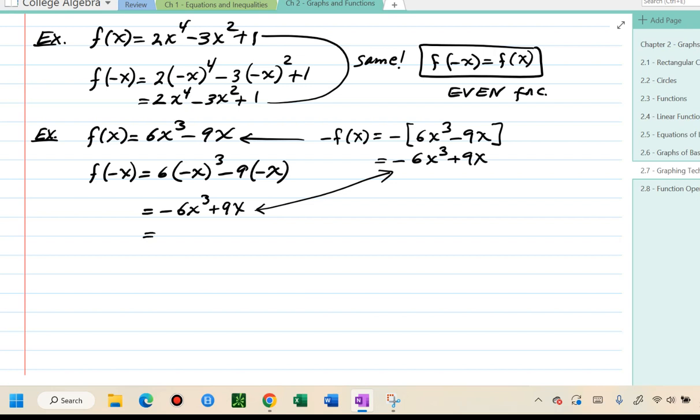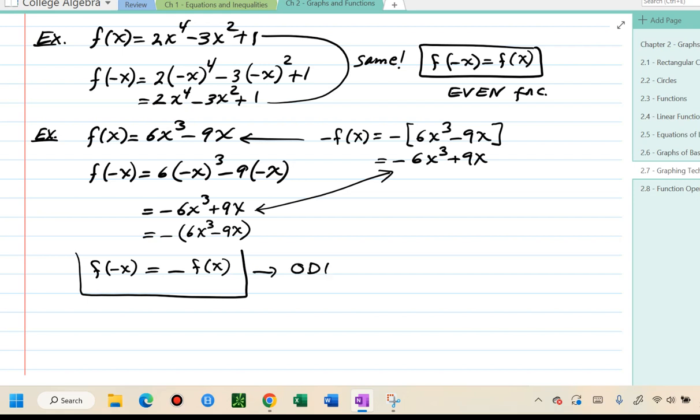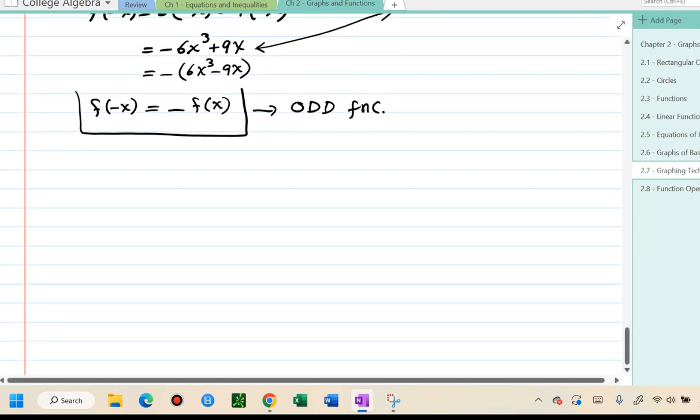Or I can just factor it up here: the negative of 6x cubed minus 9x, and in parentheses that is the original function. However you do it, we just showed that f of negative x is equal to negative f of x. Therefore, this function is an odd function. If we were to graph this function, the graph would be symmetric with respect to the origin.